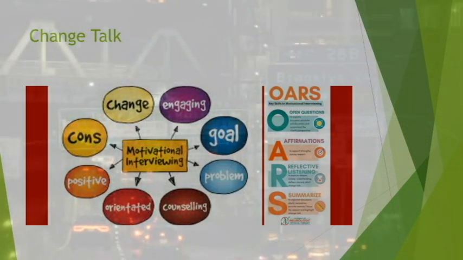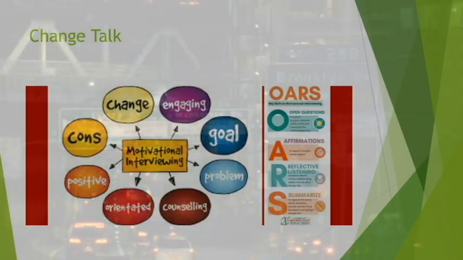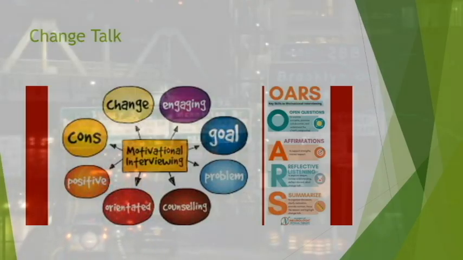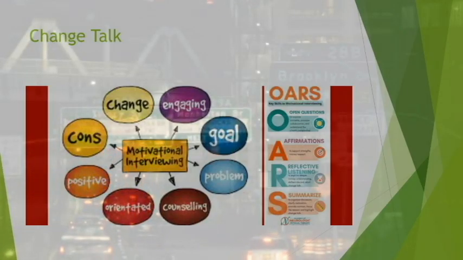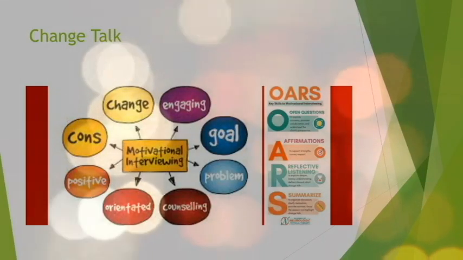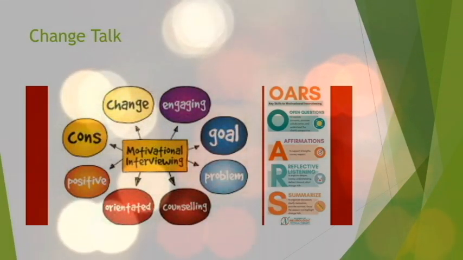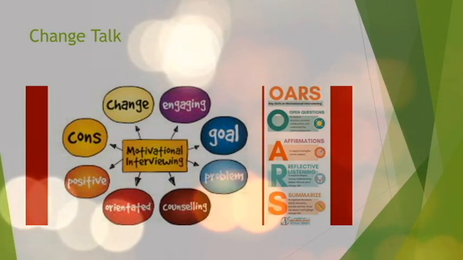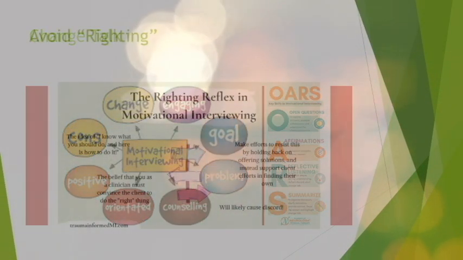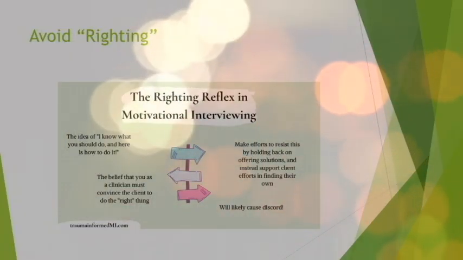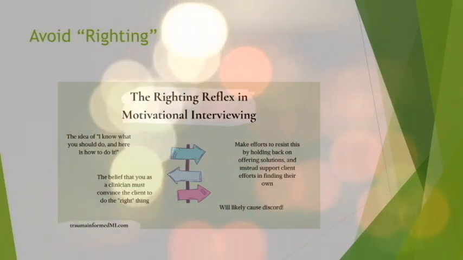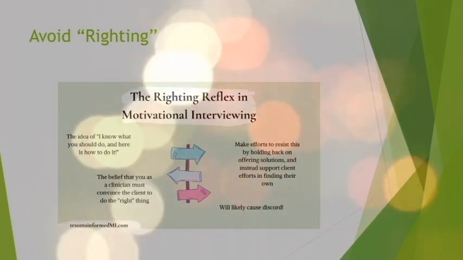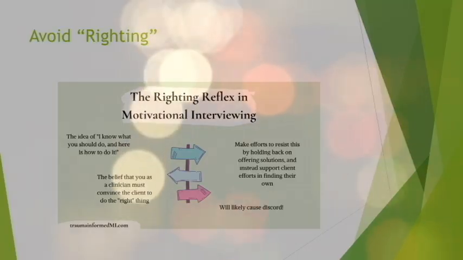The righting reflex is the urge to correct, when a counselor wants to give advice and fix or correct what is going on. When a client expresses doubt or backslides, avoid jumping in. Instead of saying, you should do this, you say something like, you're torn right now, and you made progress before. What this does is it builds confidence rather than reinforcing resistance.